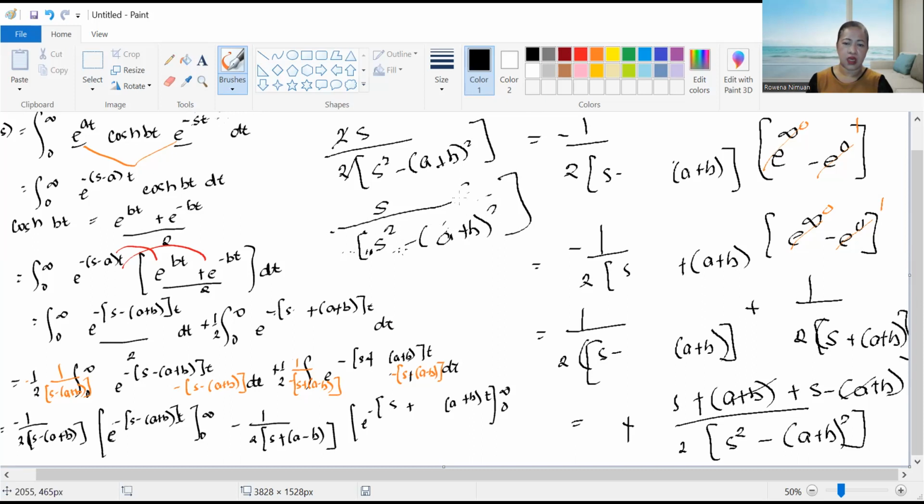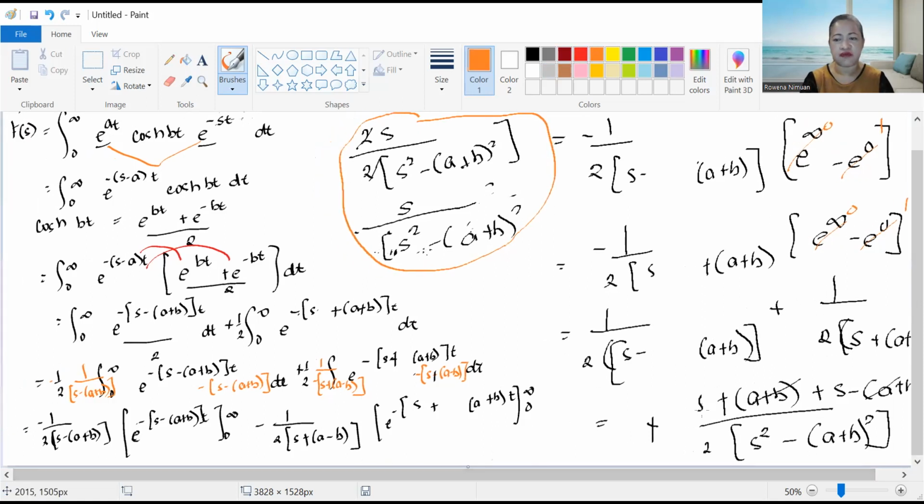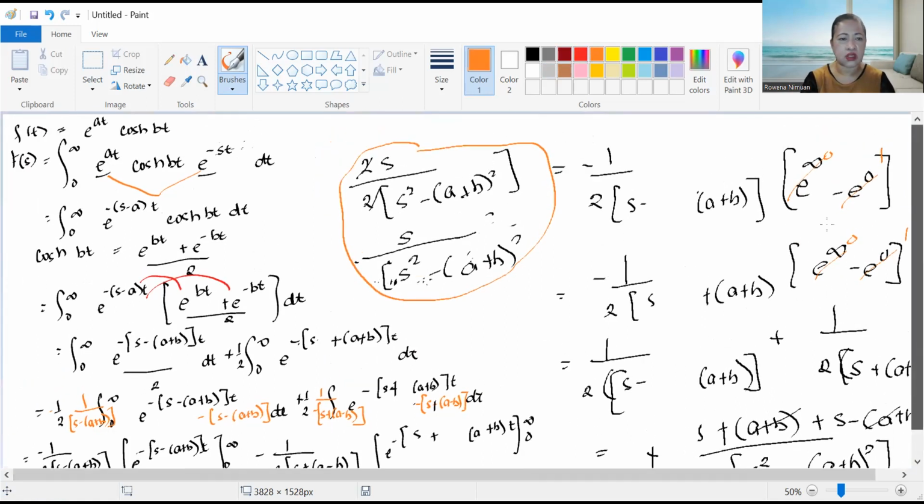Okay? That is our final answer for the transformation of the function e to the at, hyperbolic cosine of bt. So that ends it for now.